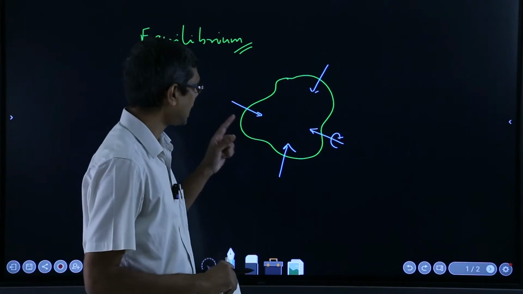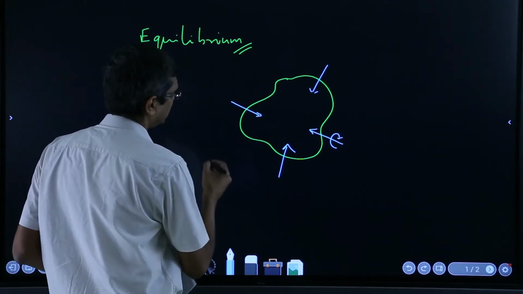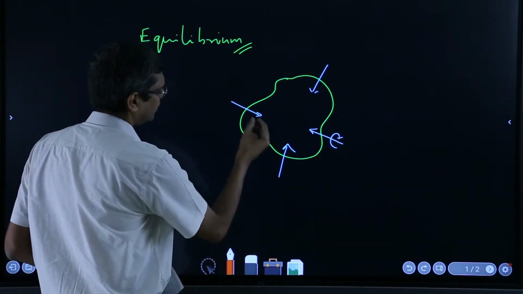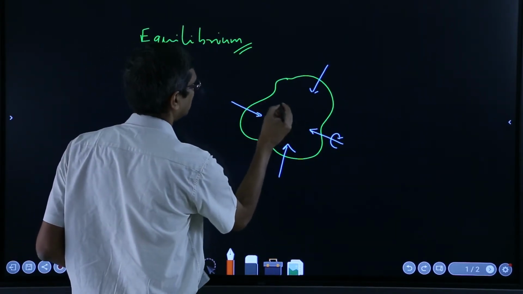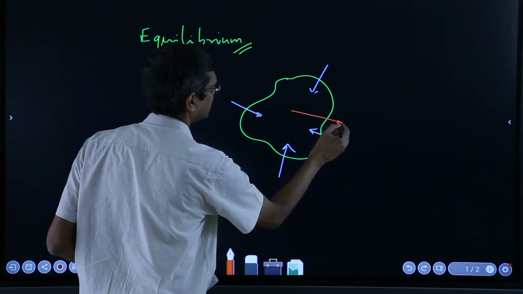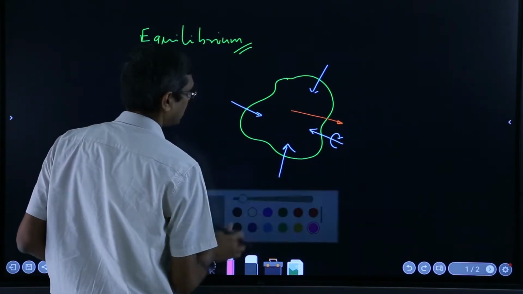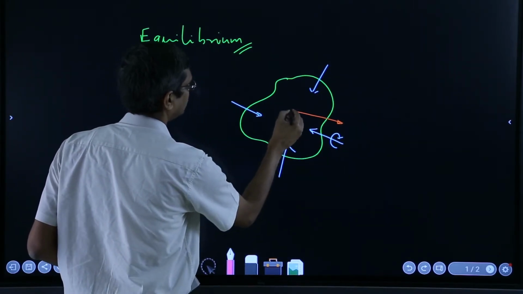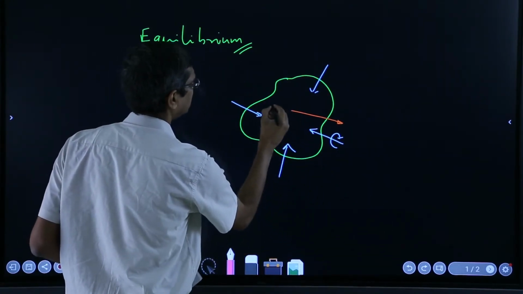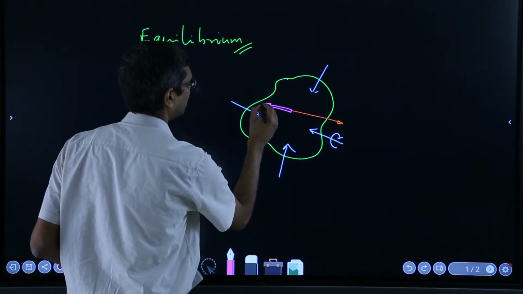And now that system, if it can be represented as an equivalent wrench, so I'll say a force in some direction and a couple moment, I'll show it in the opposite direction for generality, but it need not be in the opposite direction, it could be in the same direction.